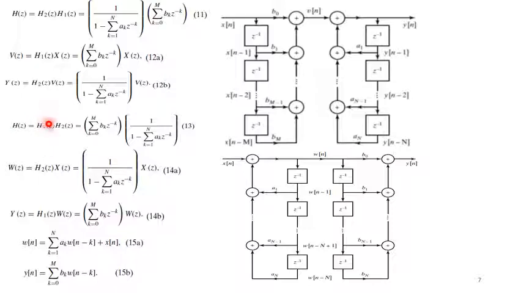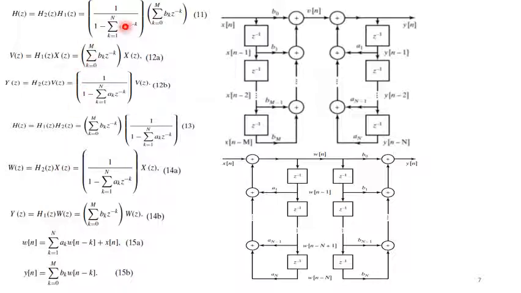So if we reverse the order, we write the zeros followed by the poles. Then we define another variable w[n], or in the z domain W(z). So W(z) will be equal to H2(z) multiplied by X(z).